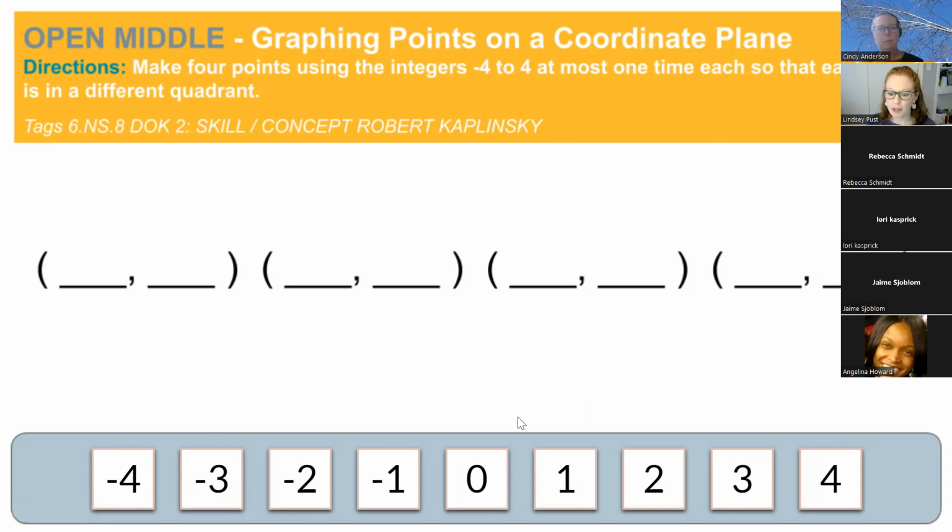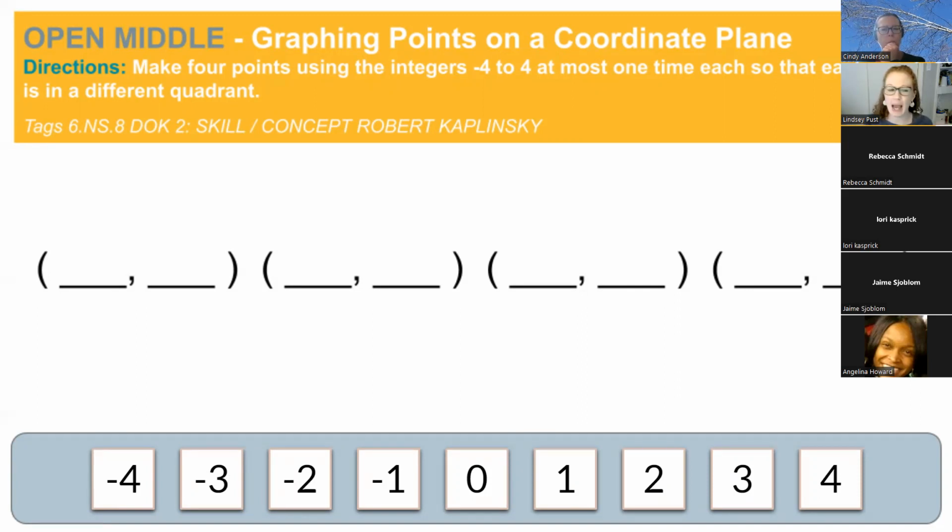But it's called open middle because there is a right answer, and there could be more than one answer, but the way that students arrive at the answer can be different depending on the student. And so there's an open middle to it. How we get there might look different student to student, and student strategies on how you are going to think through that.